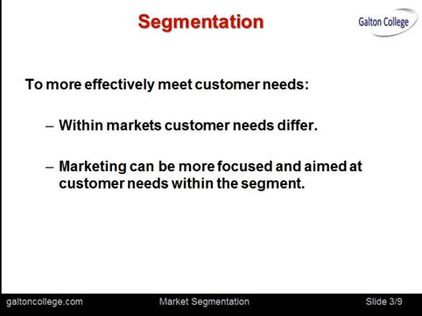So by carving out segments based on perhaps demographic characteristics or gender or some other basis of segmentation, and that's the subject of a different video, customer needs are able to be addressed more effectively. The marketing is more focused and aimed at customer needs within the segment, so the customer feels that the product is aimed at them. It's not just a generic product put on the market. This is aimed specifically at the requirements of that segment.